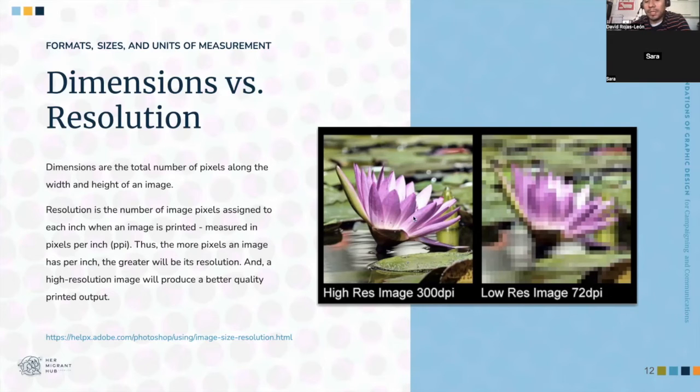Since there are more dots and more squares putting together this image, it's more defined, clear and colorful. With 72 versus 300, you start seeing bigger squares and less defined images. Does this make sense? Yep.